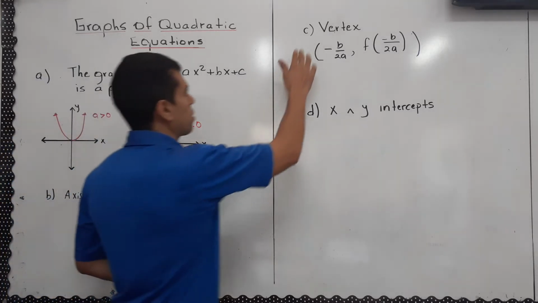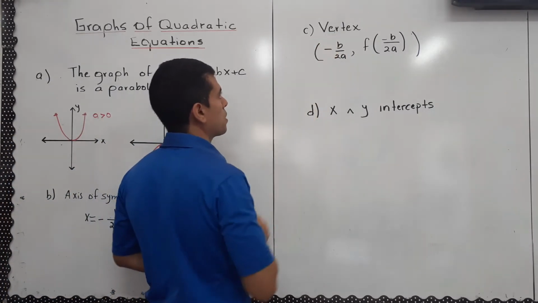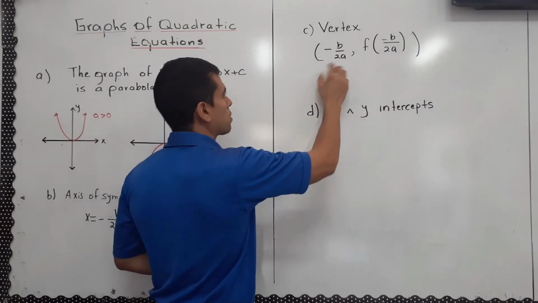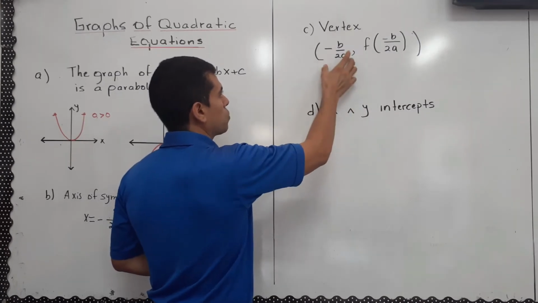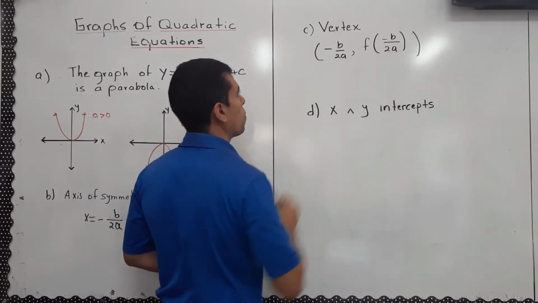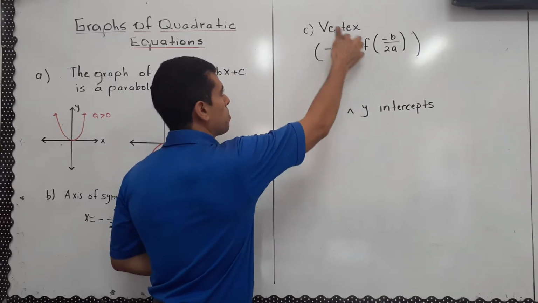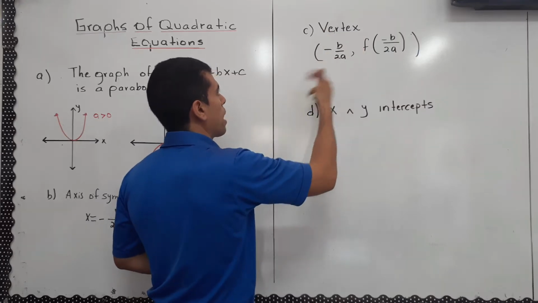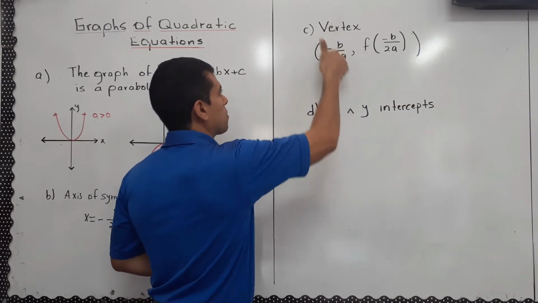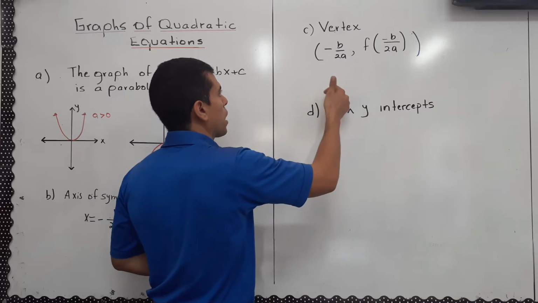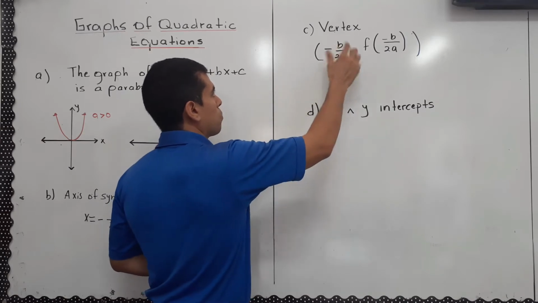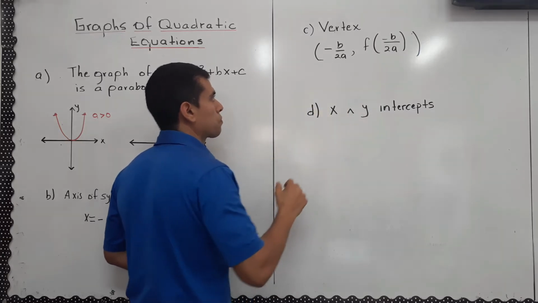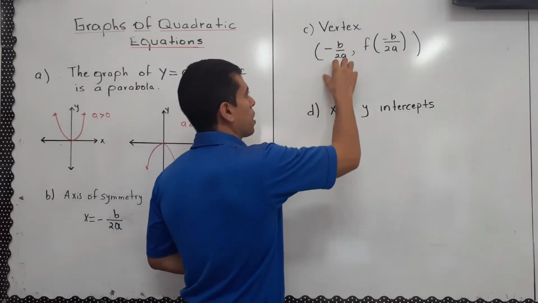Another condition that you're going to have for the parabola is the vertex. The vertex is going to have two parts, the x part and the y part. If you realize, the x part is the same as the formula for the axis of symmetry, negative b divided by 2a. So we have already solved it, just copy and put it here.